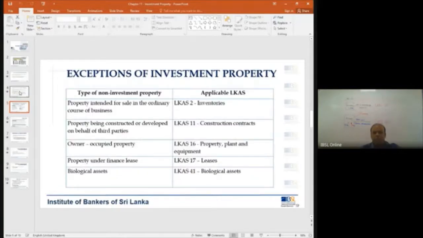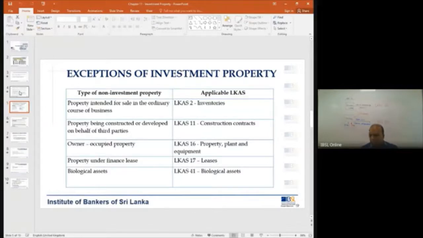Then I also showed some exceptions where it is not an investment property. So as I told you, LKS 2, where the property is held for sale. The property sellers, where they divide a piece of land into several plots and they sell it. So that is covered under LKS 2. Then there could be instances where property is being constructed or developed on behalf of third parties.